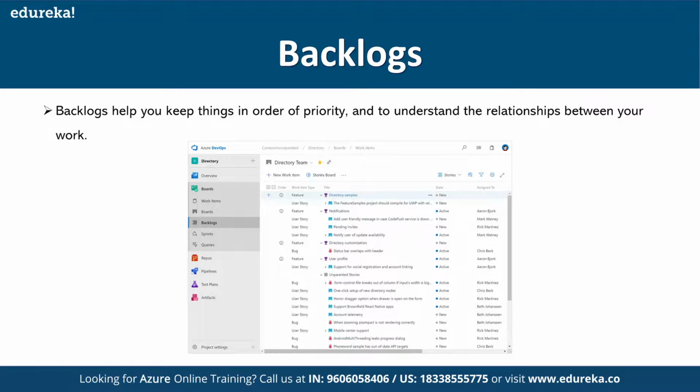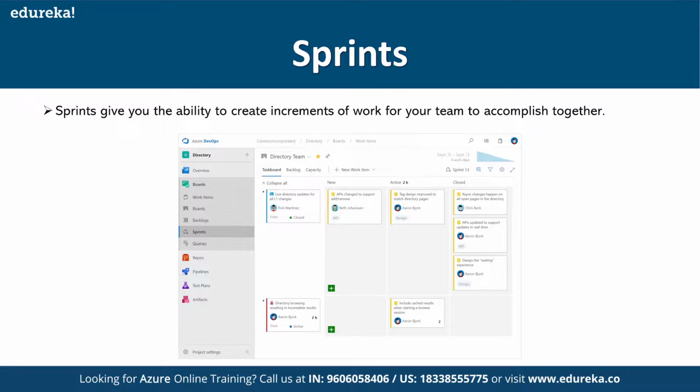Backlogs also help. It's in the boards, and then comes the backlogs, which will help you keep things in order of priority and understand the relationship between your work. Sprints are also widely used. It gives you the ability to create increments of your work for your team, and it's like a sprint team.